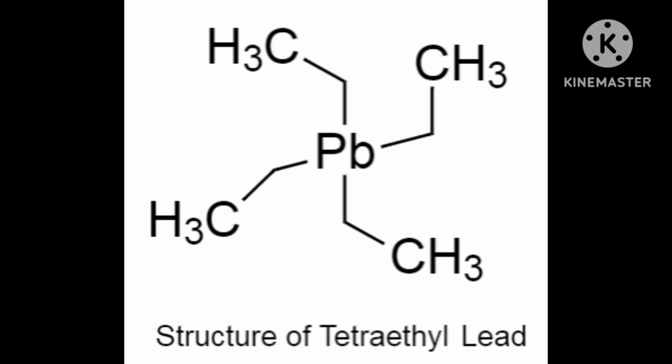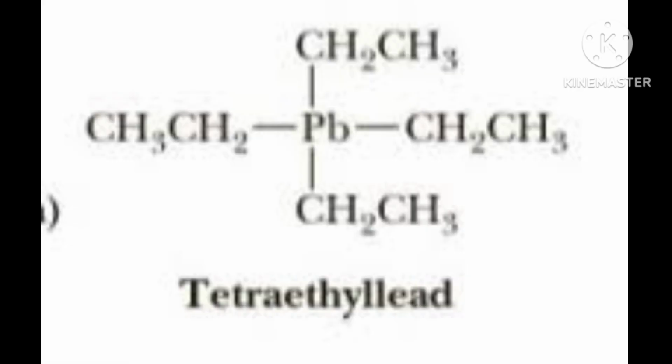Chemically it is known as lead, C2H5 whole 4. With the lead, 4 ethyl groups are attached. Lead is in the middle and 4 ethyl groups are joined. That's why tetra means 4 and C2H5 means ethyl group. That's why its name has been given tetraethyl lead.